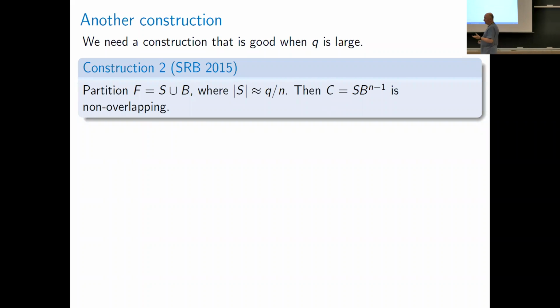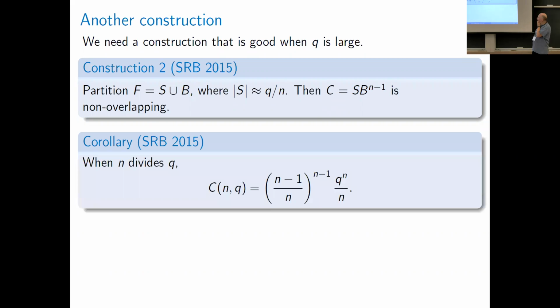So the point is, there's no way that these are going to overlap non-trivially, because a small element will be against one of the big elements if there's an overlap, and S and B are disjoint. So how big is this?